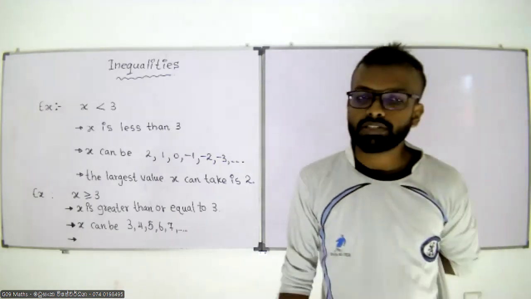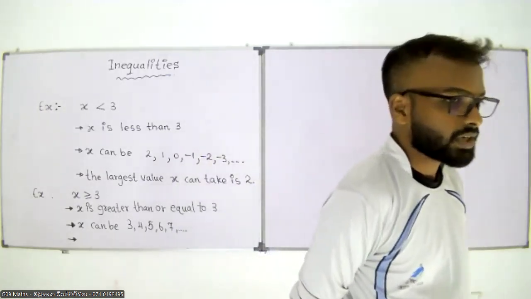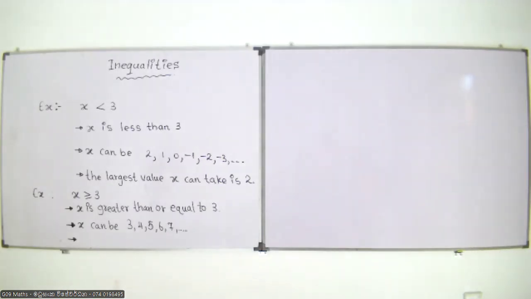Any other different answers? Apart from 3? What about others? What is the smallest number that x can take by looking at the equal?